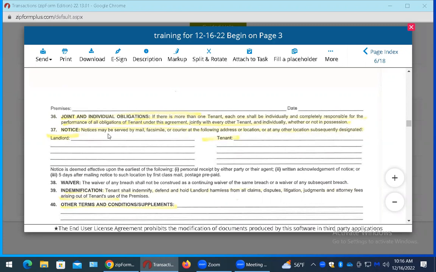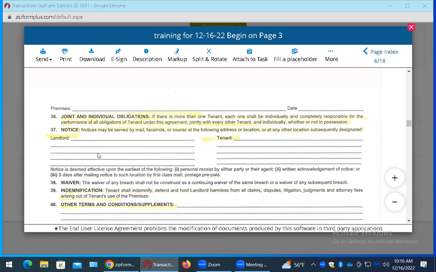Meaning if two people signed the lease and one disappeared, the other one is still responsible to pay all of the rent and any other obligations they have under that lease agreement. So hopefully most partners that sign together know that, but that's just telling them here.